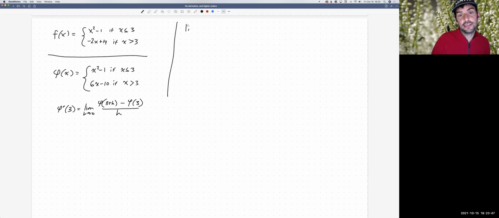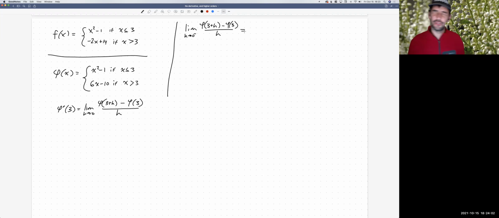Let's look at the limit as h goes to 0 from below of phi of 3 plus h minus phi of 3 all over h. So if we're approaching 0 from below, h is negative, so 3 plus h is something lower than 3. So we look at the first definition, x squared minus 1.